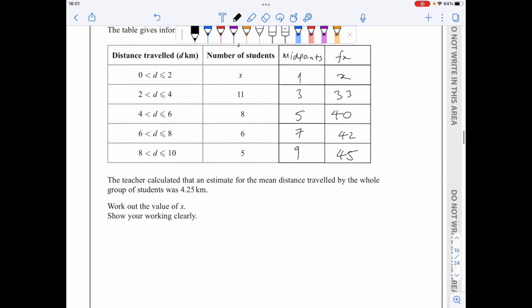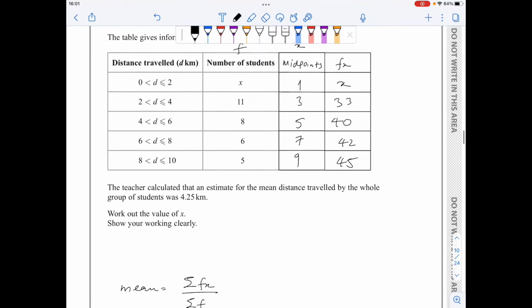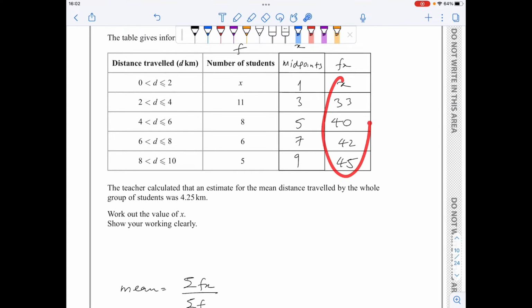And then to calculate the mean, I will just do sigma fx over sigma f. Now sigma fx is the sum of this column, sigma f is the sum of this one.